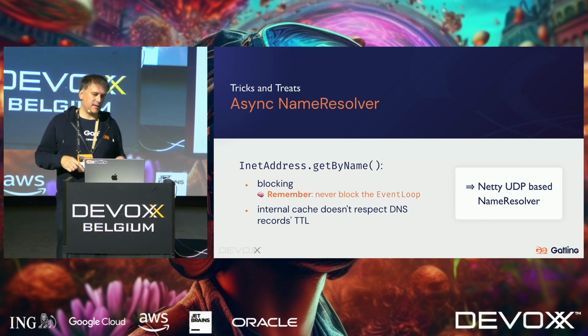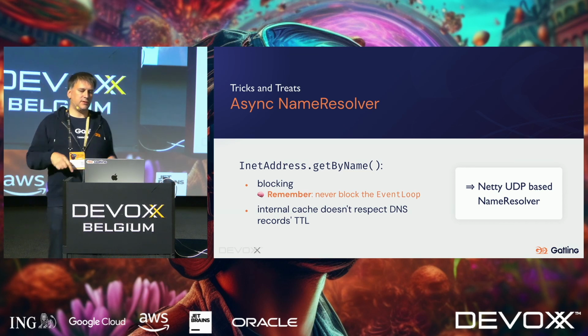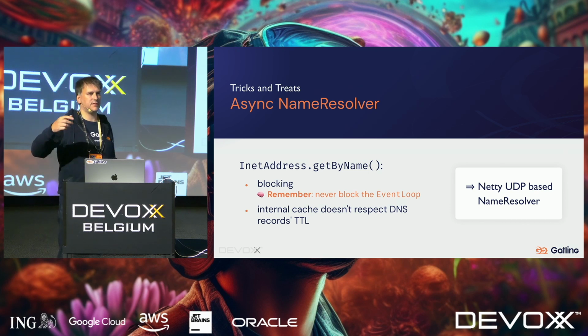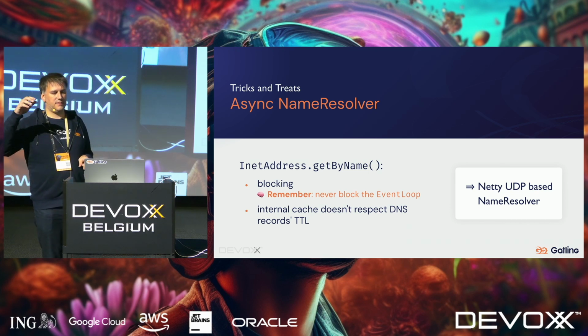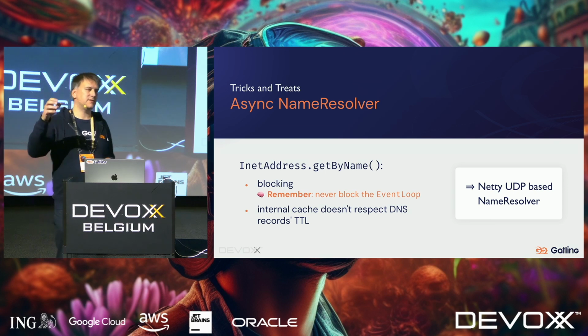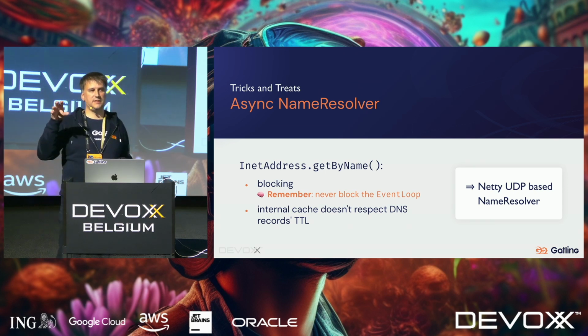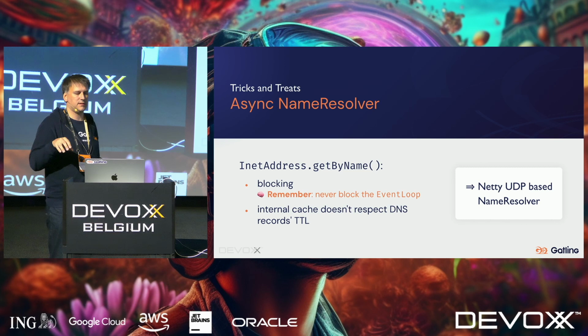The second thing is that it uses an internal cache for caching the DNS records, and this cache doesn't respect the TTL that's set in the DNS records. It uses its own timeout, which is 30 seconds by default.